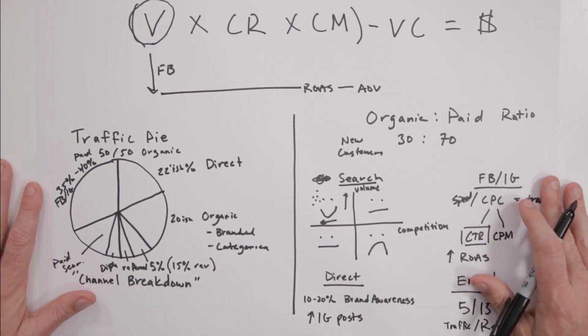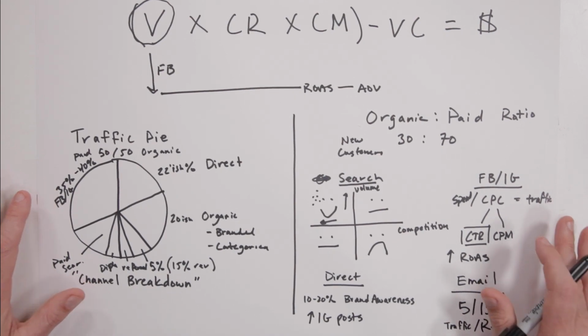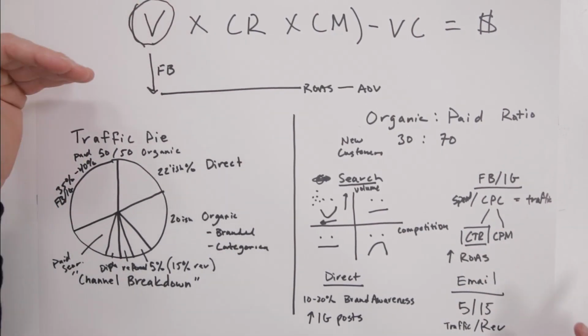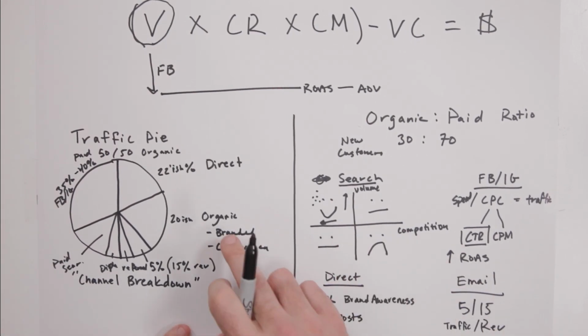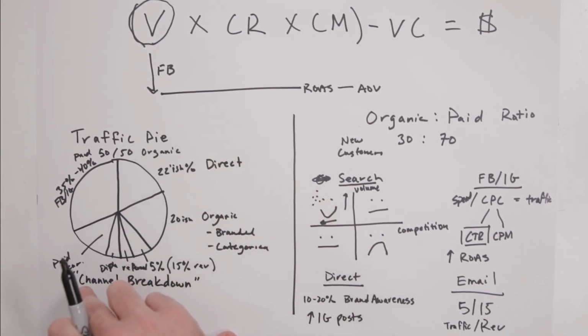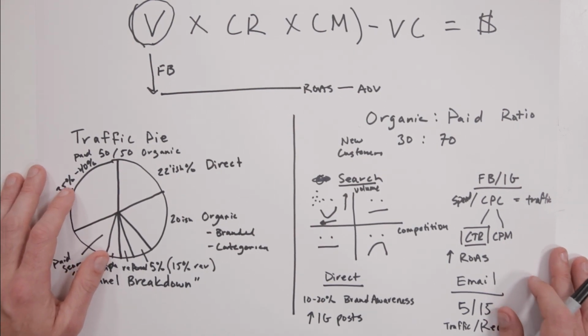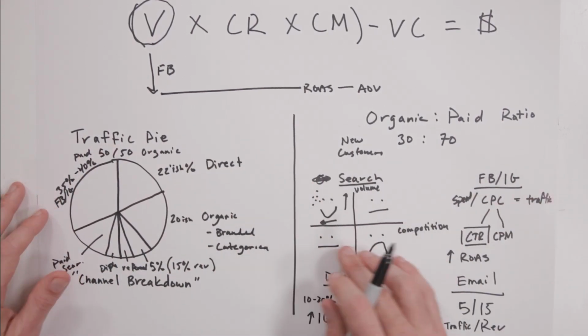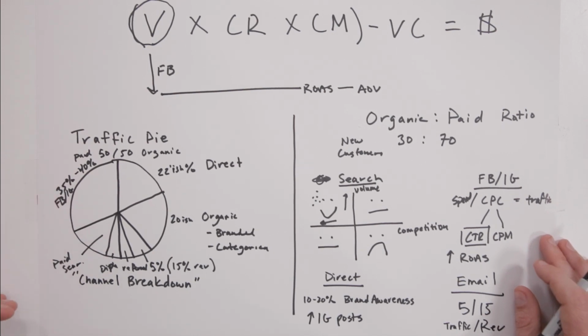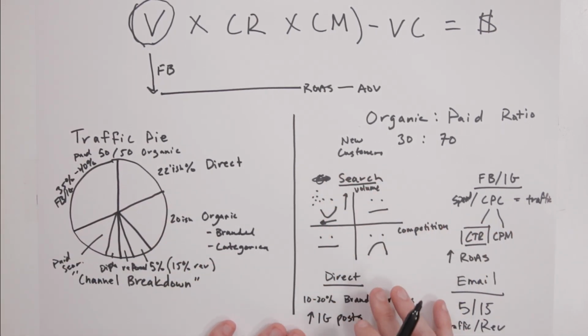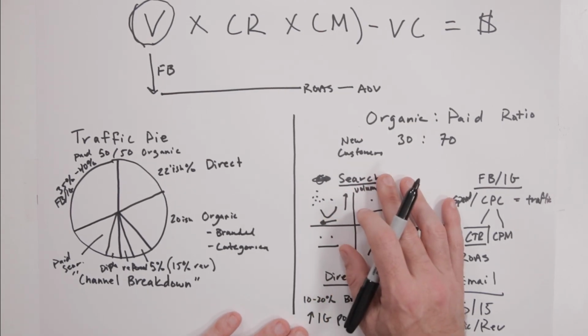So each of these are little ways that you can begin to think about driving more health into your visitor pie, your traffic pie, by thinking about every channel source. One of the things that we do is often have a task list for opportunities to improve every section of this. Then we create a hierarchy and sequence the areas of opportunity relative to where we think we can make the most immediate impact.